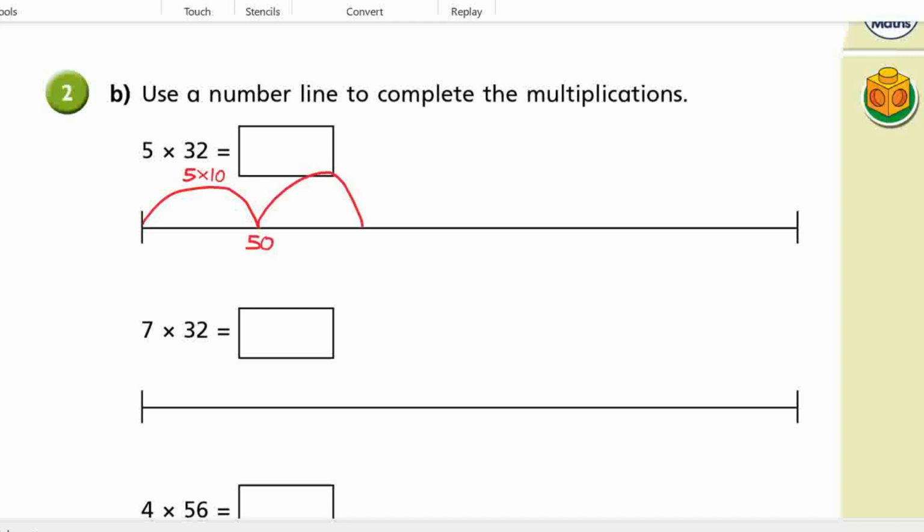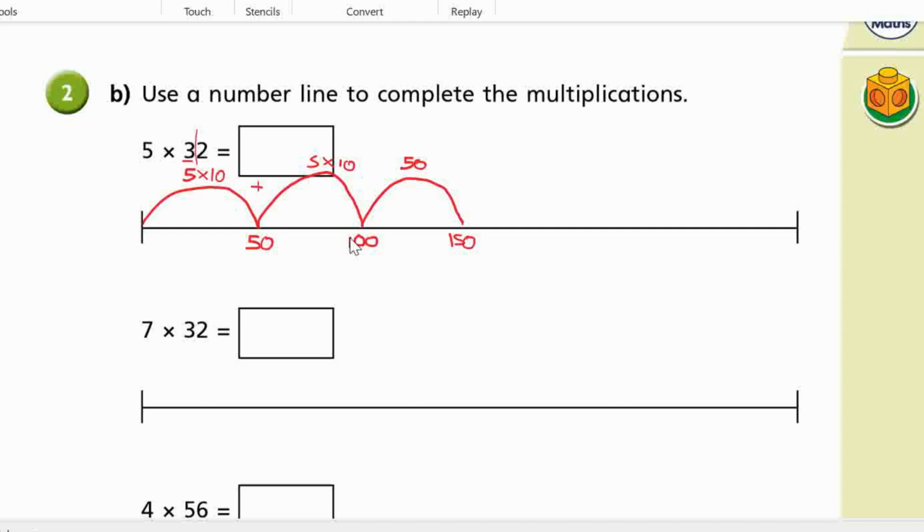Then we do another jump, and we're adding again 5 times 10. So we've got to do 50 plus 50. What does that give you? 100, good. Okay, and then another one. So I'll just write 50 rather than 5 times. So 100 plus 50 gives you 150. Good. We've done the jump 3 times because we're doing the tens here.